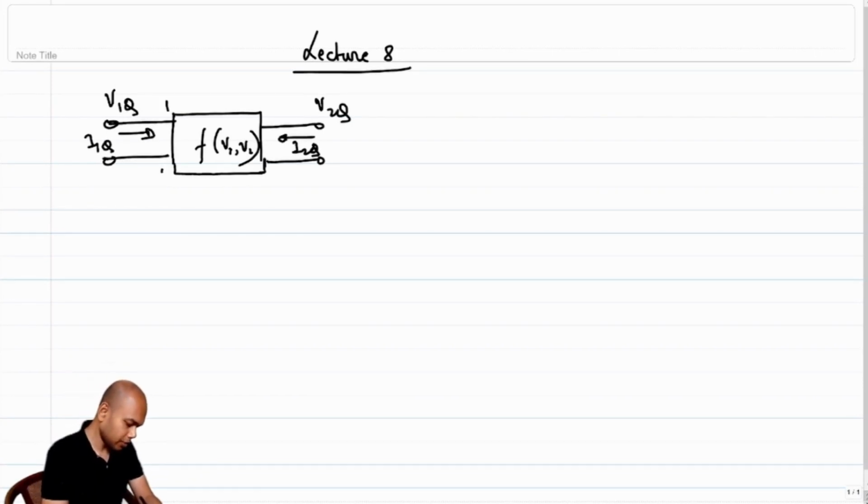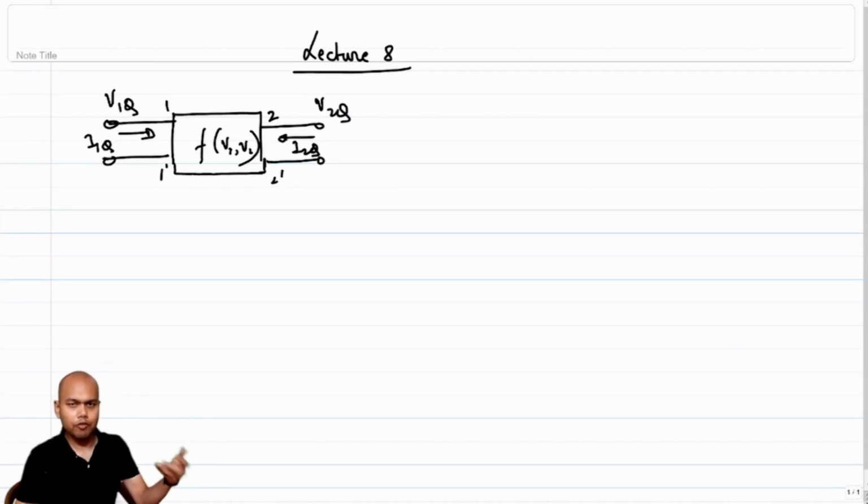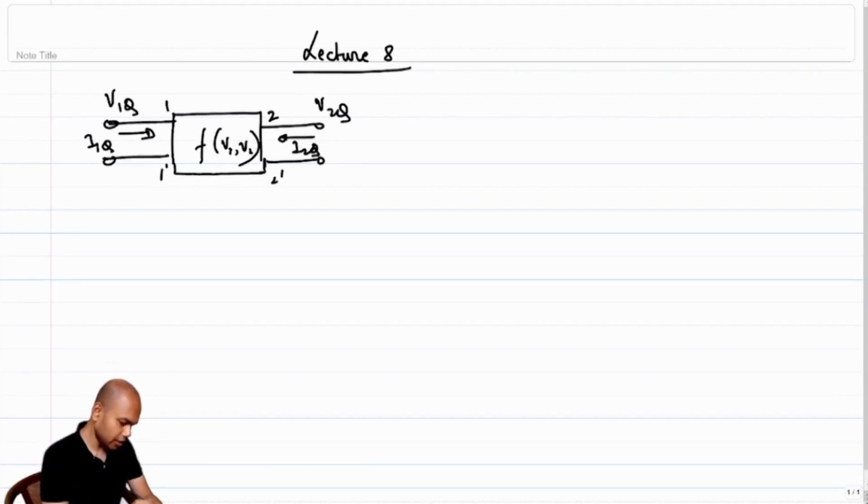If we perturb these port voltages by small v1 and small v2, then these currents would change. And the new incremental currents and voltages, that is, if we represent them as I1 and I2, right?